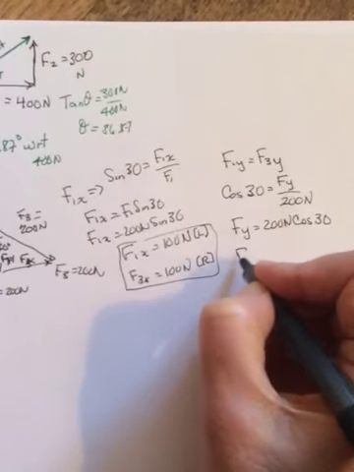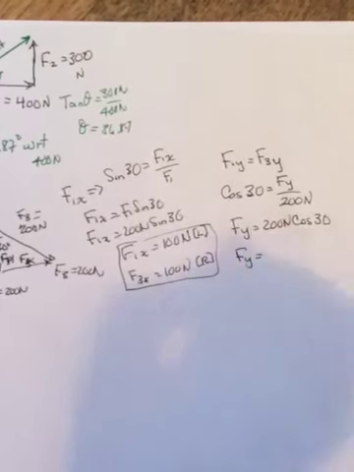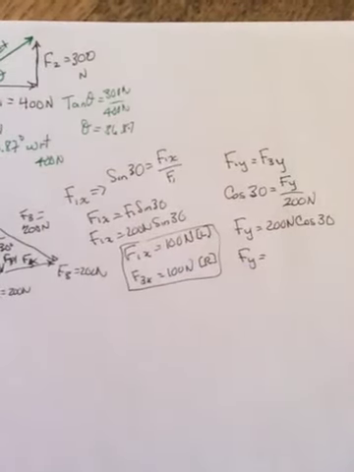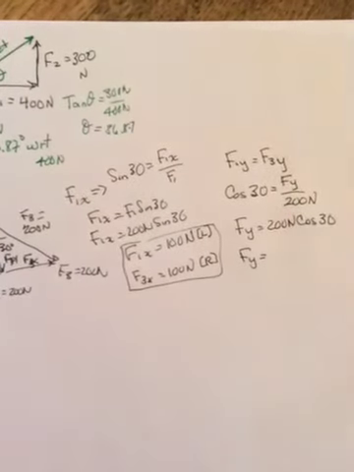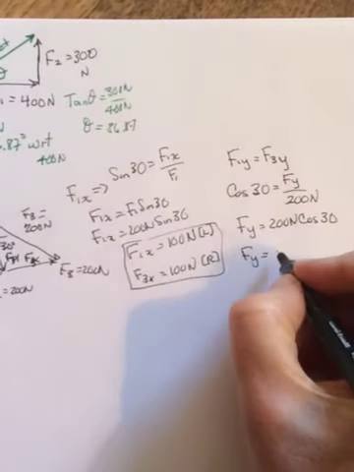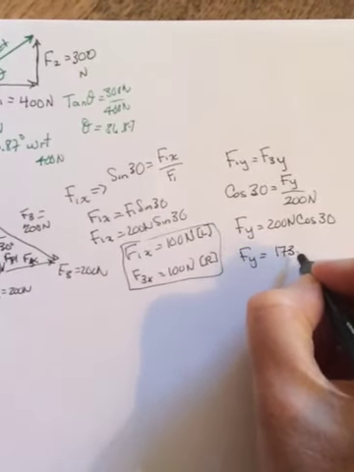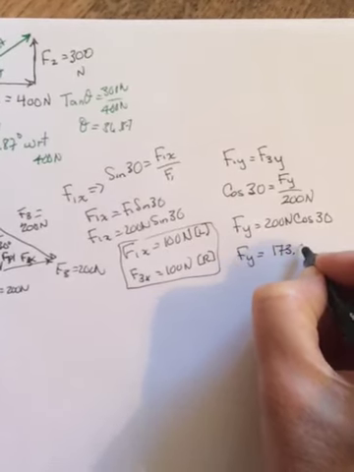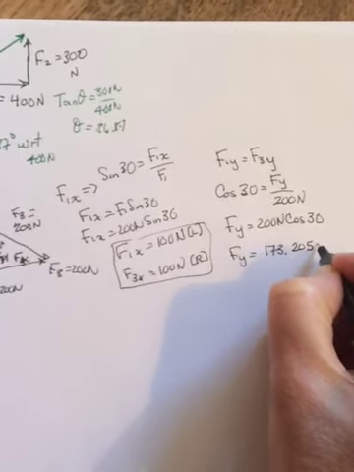Cos of 30 is 0.866 times 200, so 86.6, and then double that, and you should get 173.205 or something like that.